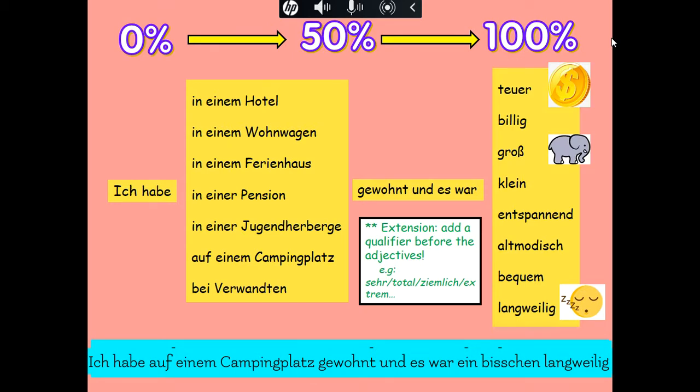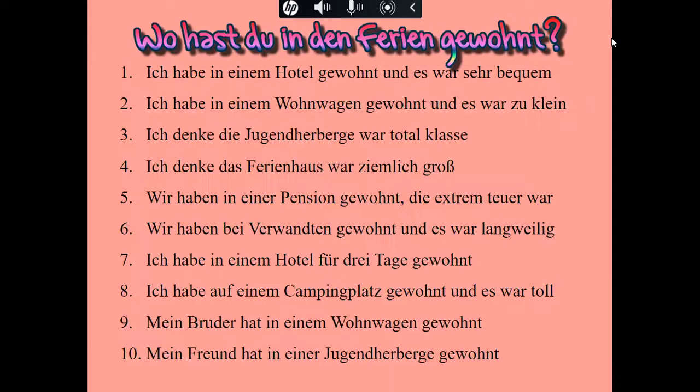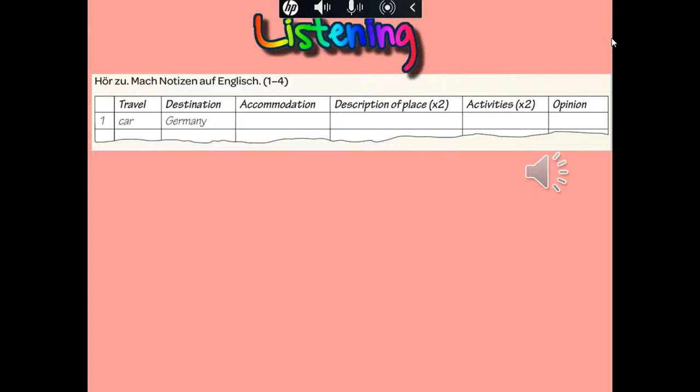Okay, hopefully you're getting the hang of these sentences now. So we're going to do a listening activity now. So in your book, you need to draw this table. So across the top, you've got 6 columns. And at the top of those columns, you need to write travel, destination, accommodation, description of the place times 2.